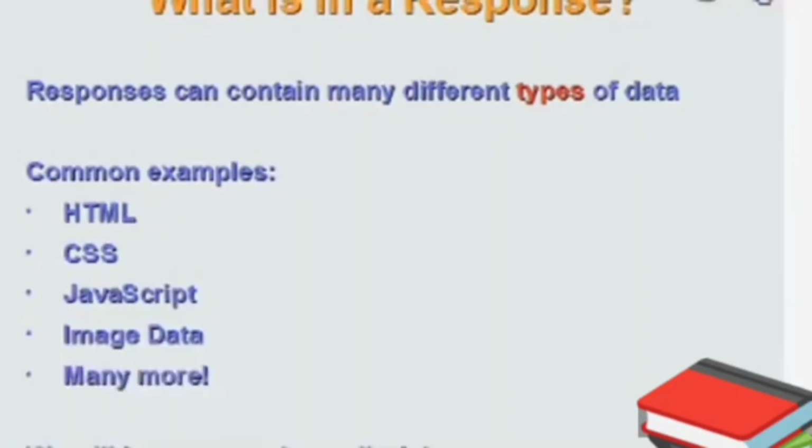A response can contain many different types of data. Common examples are HTML, CSS and JavaScript. We have image data. We also have many more.